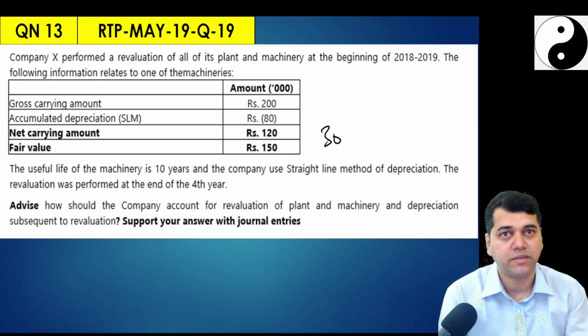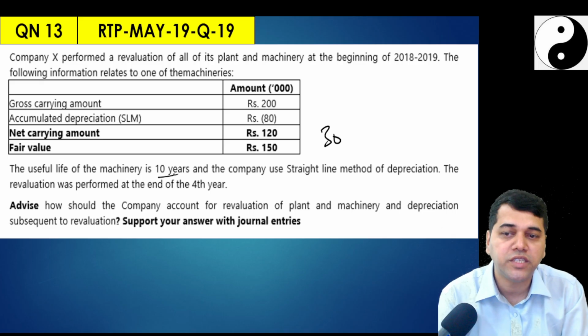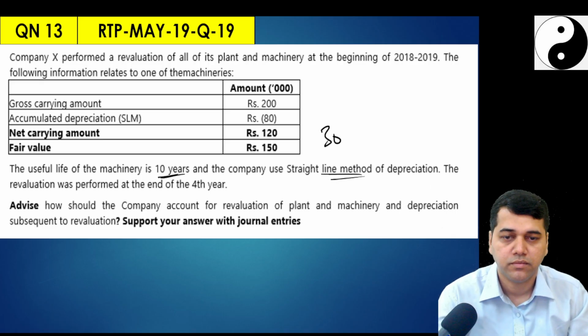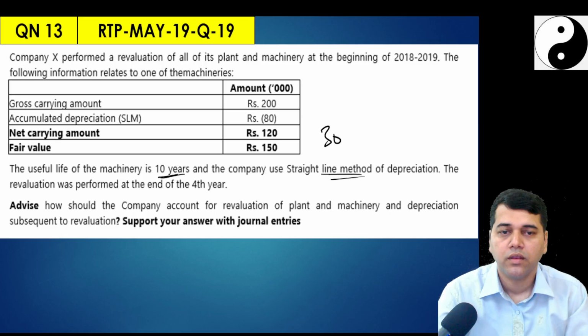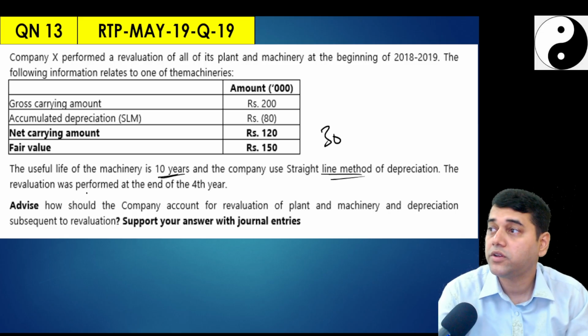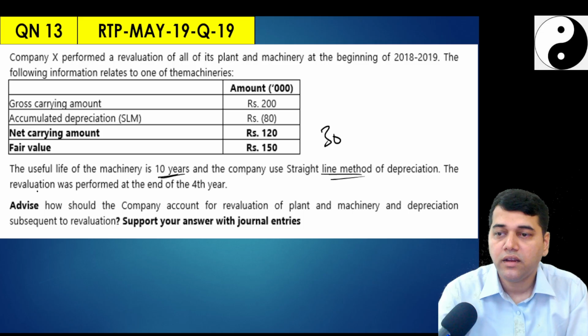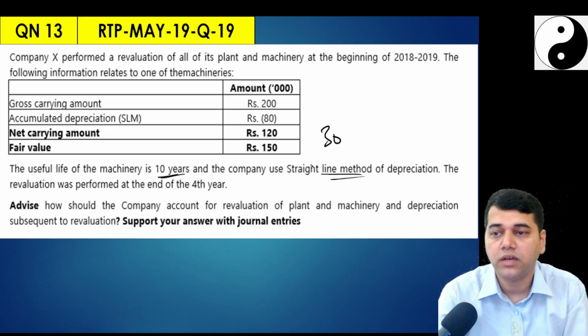What happened last time? The useful life of the machinery is 10 years and the company uses the SLM method for depreciation. 120 is the net book value. See, 200 minus 80. The revaluation was performed at the end of the 4th year.